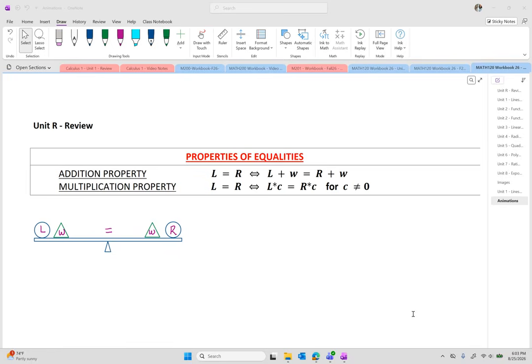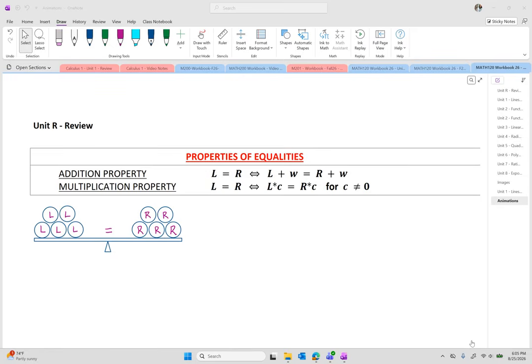The multiplication property says that if I have a seesaw that balances because the left side and the right side are the same weight, then I can double or halve those sides and it will still balance.